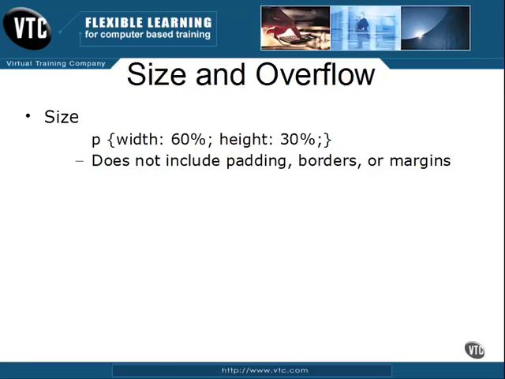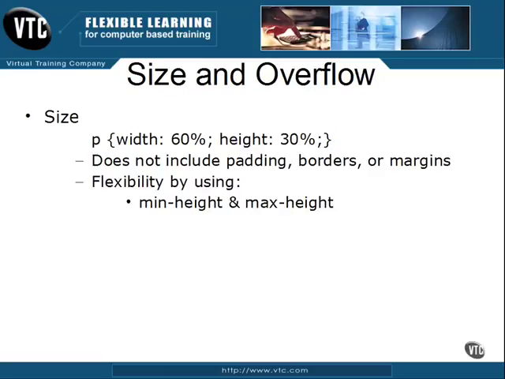Now, in addition to our traditional measurements with our relative and absolute measurement systems, we also have some flexibility with a couple of additional properties that we can use instead of our width and height. And those are the min and max versions of our height and width.